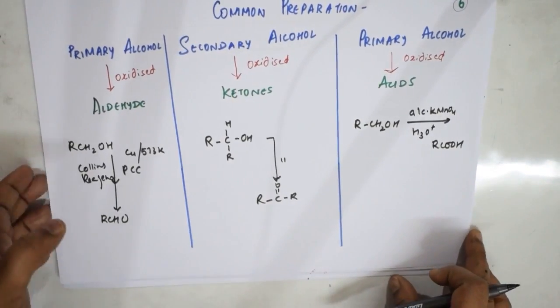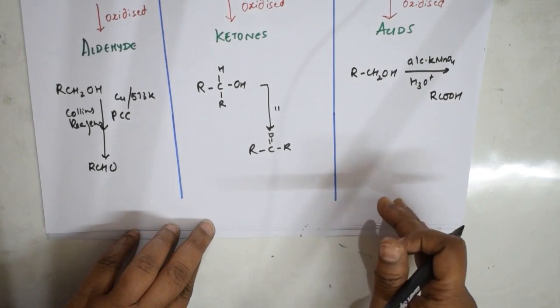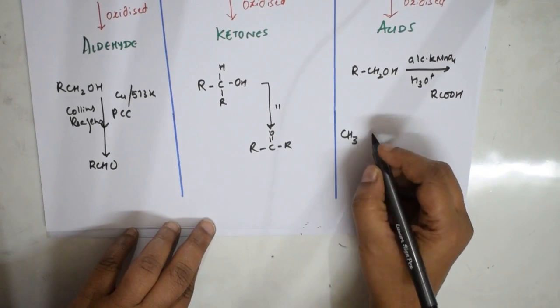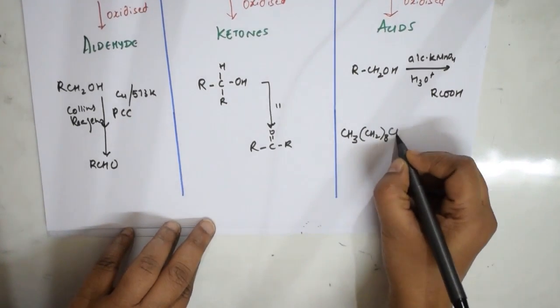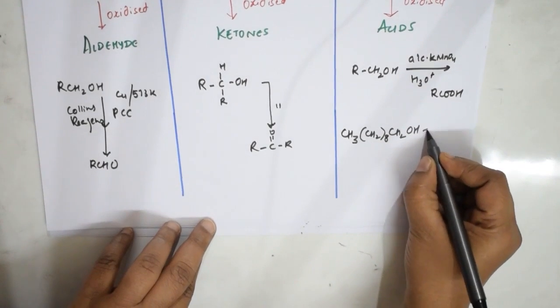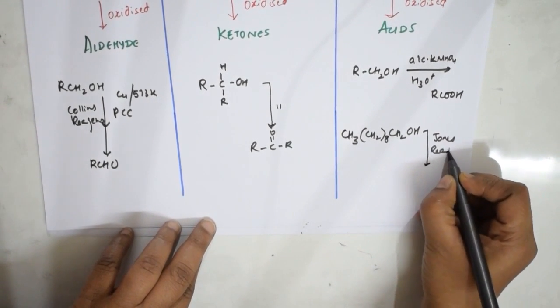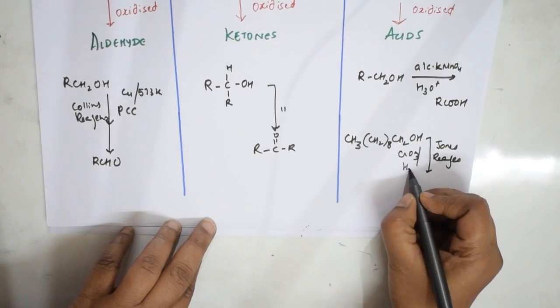Here there is one more reaction to prepare acid, that is using Jones reagent. You take this compound and introduce Jones reagent. What is Jones reagent? It is nothing but CrO3 in the presence of sulfuric acid.